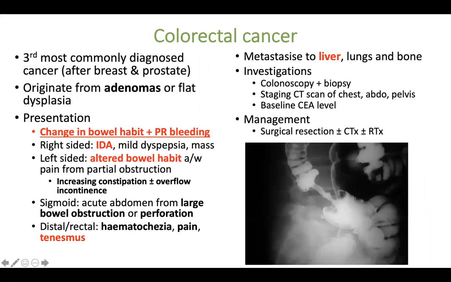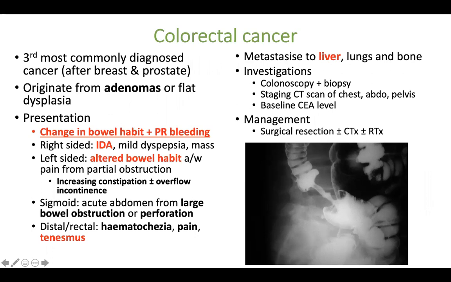Colorectal cancer, that's your apple core sign there. Usually they like to test this a lot. They get a change in bowel habit, either from diarrhea to constipation or constipation to diarrhea, and PR bleeding. On the right-hand side, they usually present asymptomatically with iron deficiency anemia.